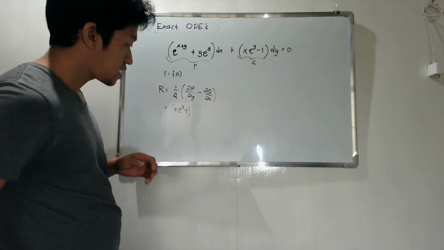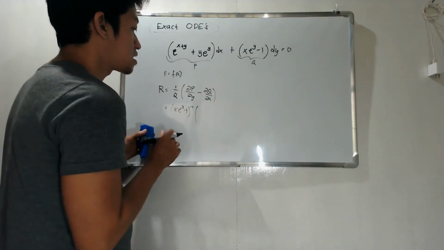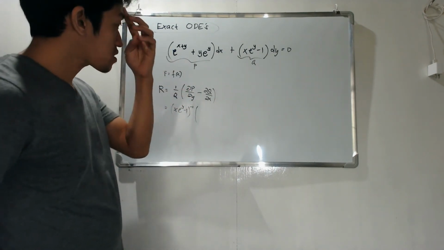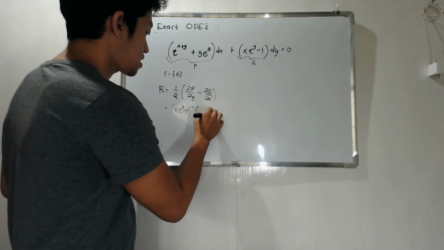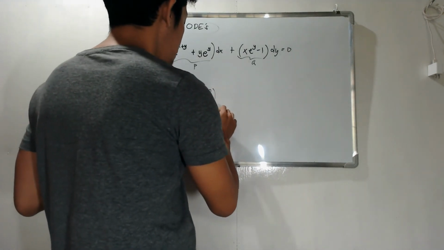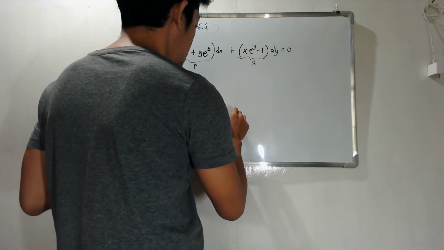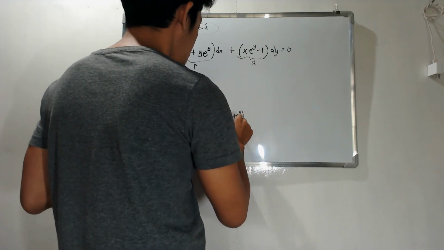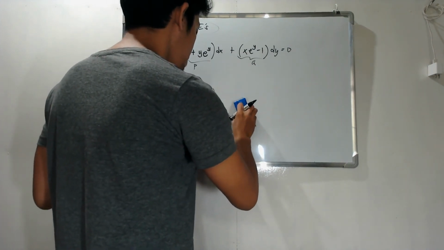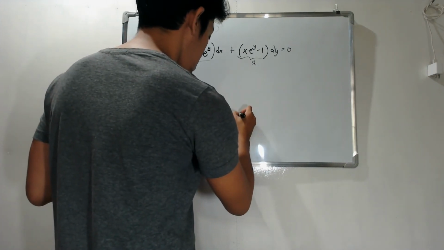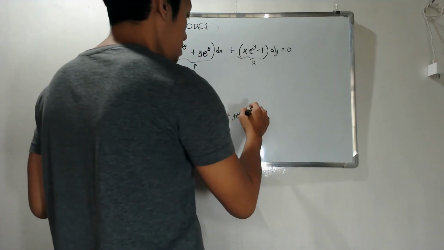Partial of P with respect to y is e to the x plus y plus, minus partial of Q with respect to x.